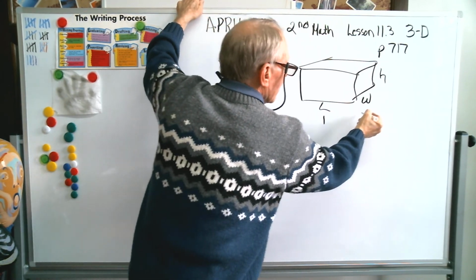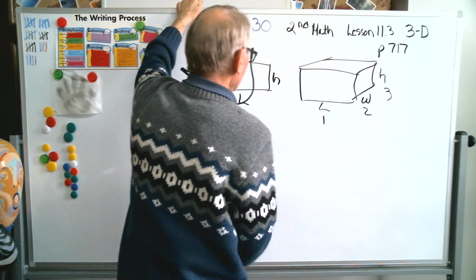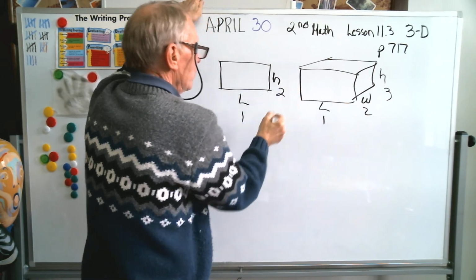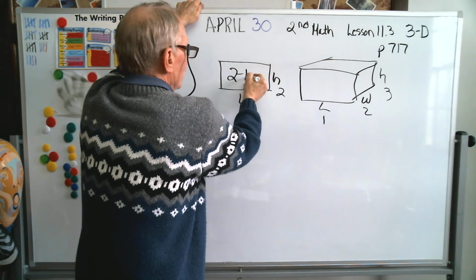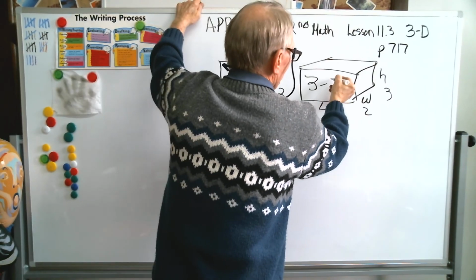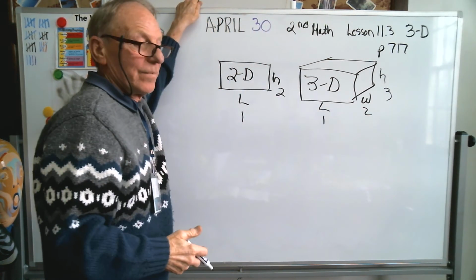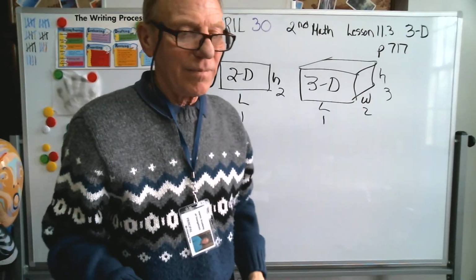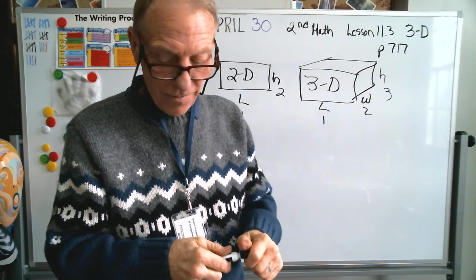So there's 1, 2, 3 dimensions, 1, 2. So this is two-dimensional, this is three-dimensional. That's easy. I think you understand that pretty well.